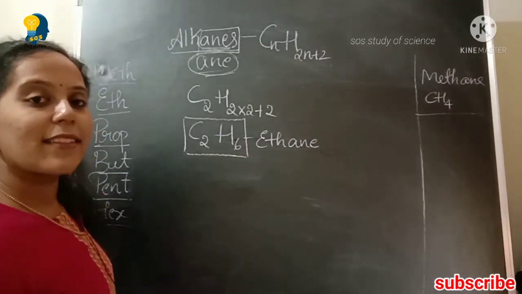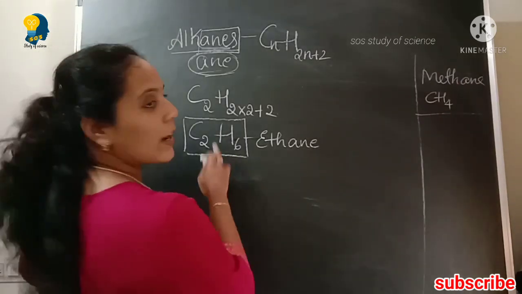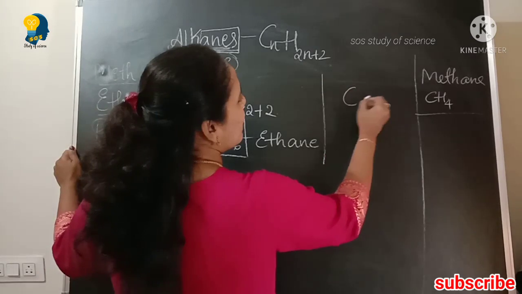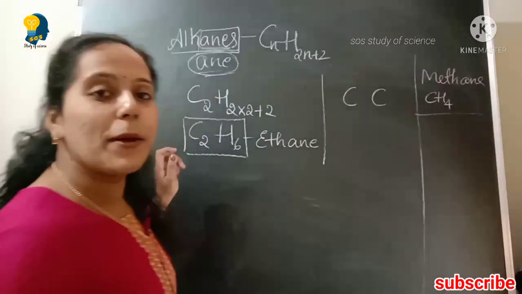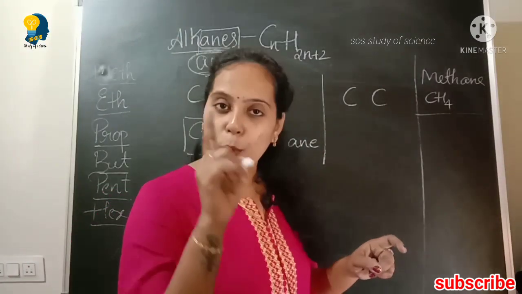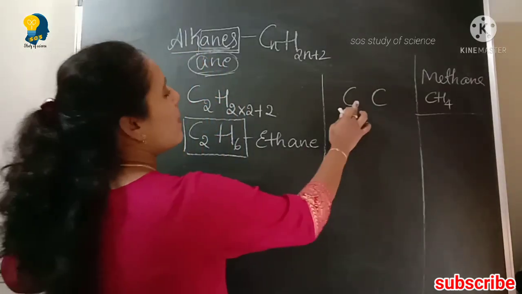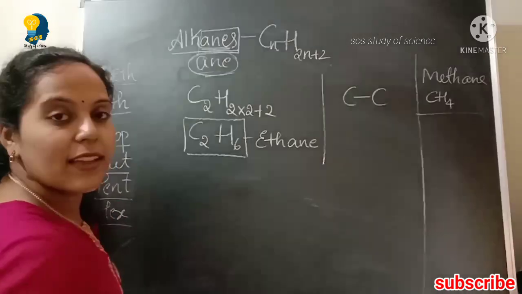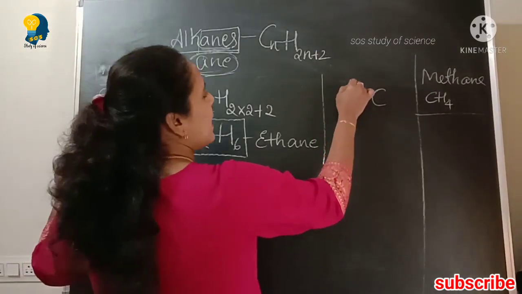So how do we write its structural formula? Very simple. Look at the molecular formula. How many carbon atoms are there? There are 2 carbon atoms. And please remember, I told you that in the alkanes there will be only single bonds. So between the carbon and carbon atom, you should create a single bond. How many hydrogens are there? 6 hydrogens, right?